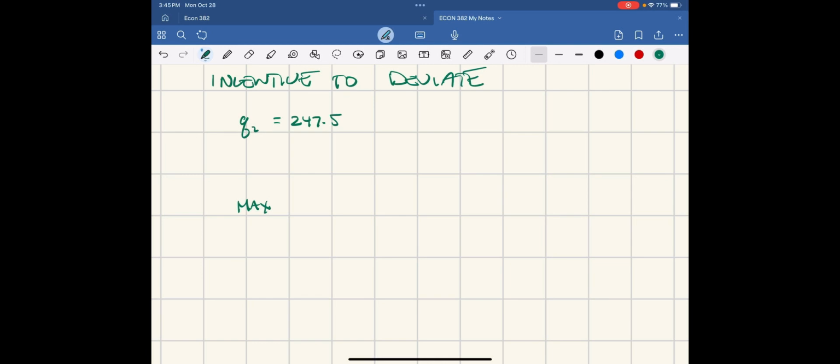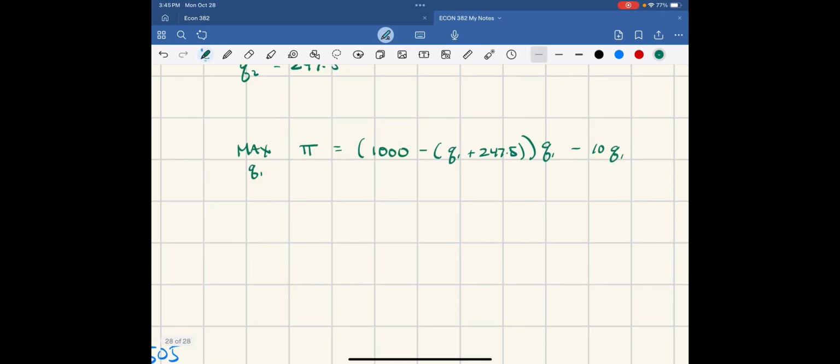They're going to maximize profits by choosing Q1, where we have the inverse demand equation of 1,000 minus Q1 plus, now instead of Q2, we're going to put the actual number, 247.5, times Q1 minus 10 times Q1. So now we're going to take Q2 as given and see if firm 1 should deviate. Now, if Q1 star in this case is 247.5, then that tells us that their best response is to cooperate. So let's see what we get.